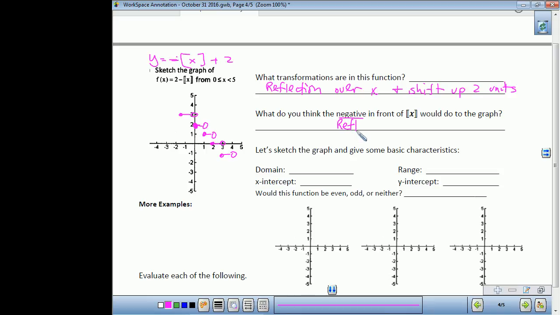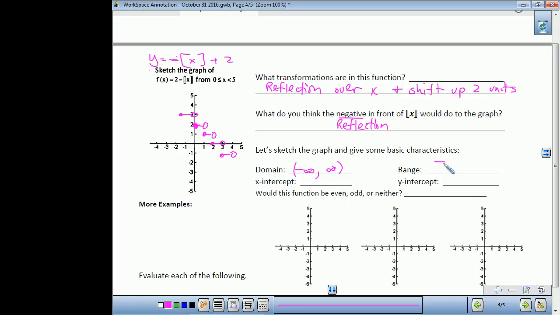So that negative causes the reflection. Now, it doesn't affect our domain. Our range is still every single integer.